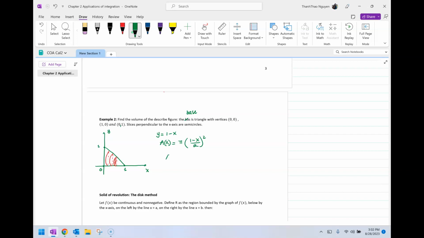Then the volume is the integral from 0 to 1 of this. And this is pi over 4 times the integral from 0 to 1 of 1 minus 2x plus x squared dx.